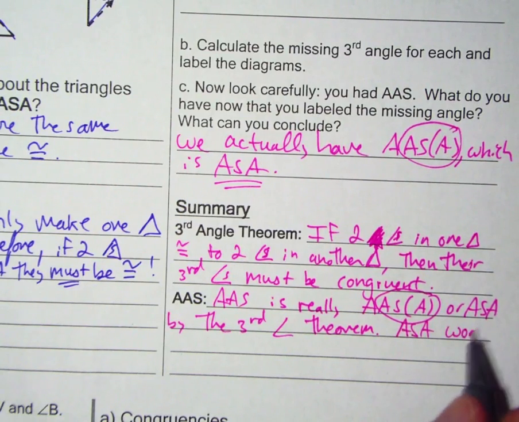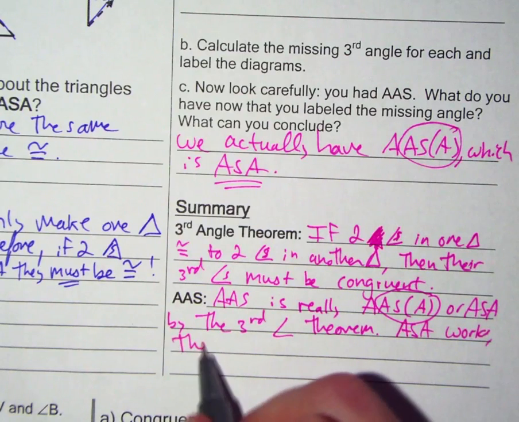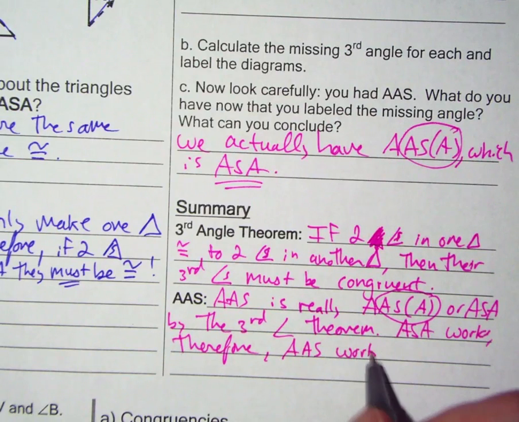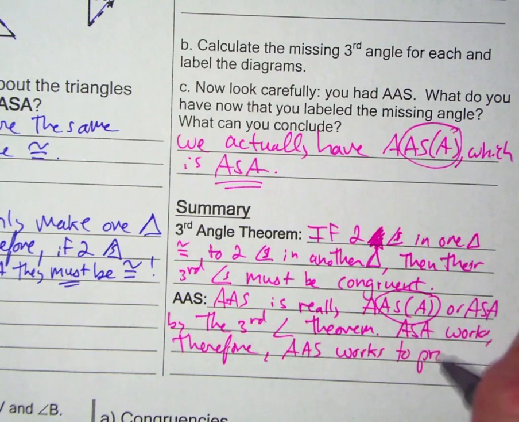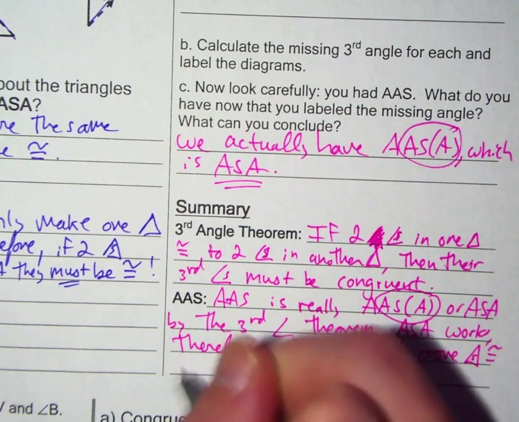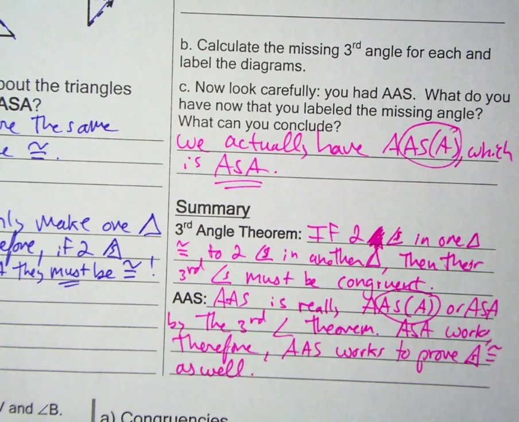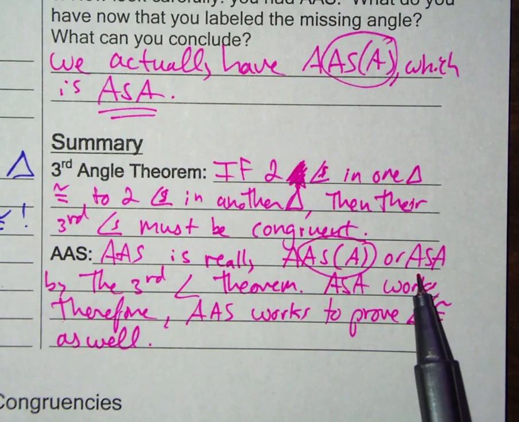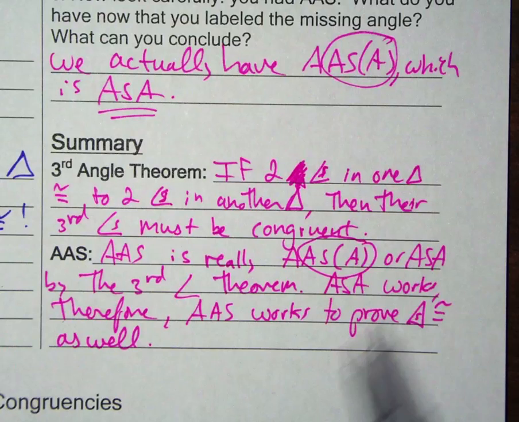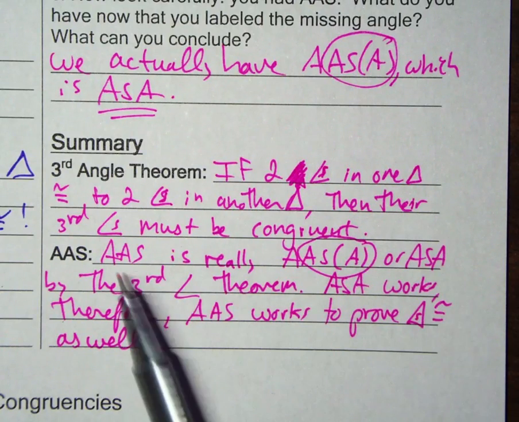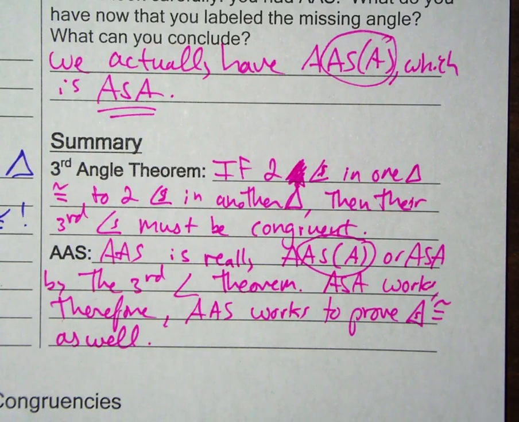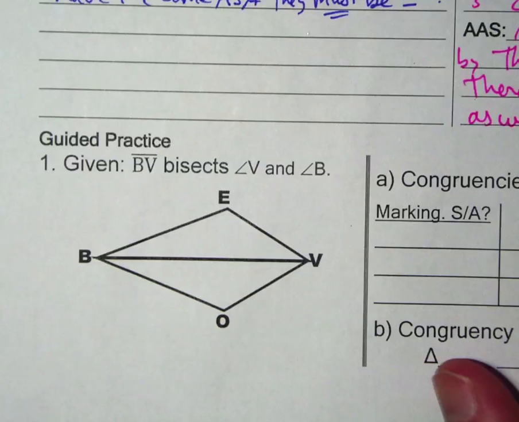ASA works, therefore angle, angle, side works to prove triangles congruent as well. Again, angle, angle, side is really angle, side, angle, because you can find that third angle. Therefore, because angle, side, angle works, and angle, angle, side is really this, then so does angle, angle, side. Let's go ahead and apply this really quickly.